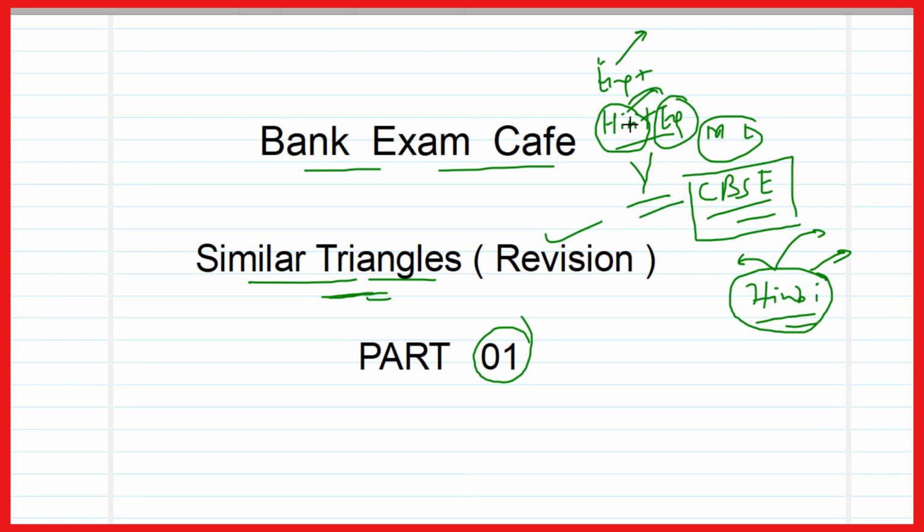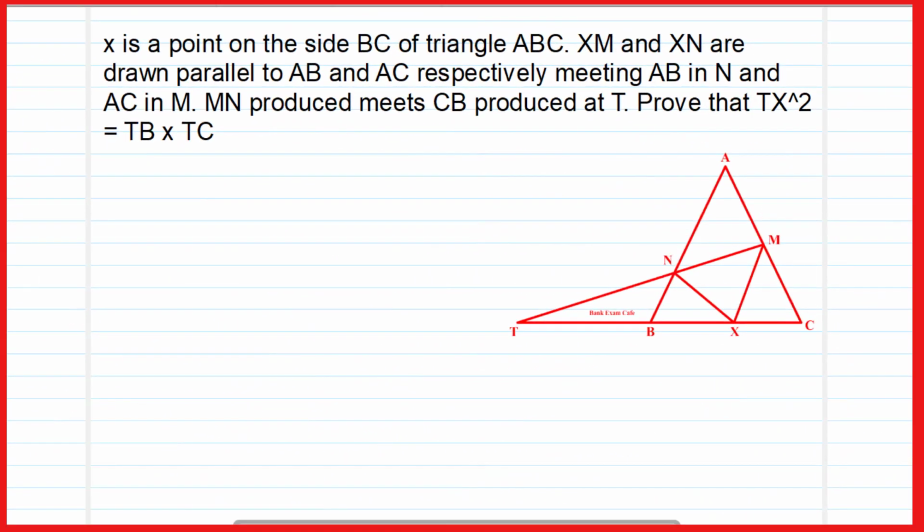Now let us move to the first question of similar triangles. Here is a question on the screen. X is a point on the side BC of triangle ABC. XM and XN are drawn parallel to AB and AC respectively.